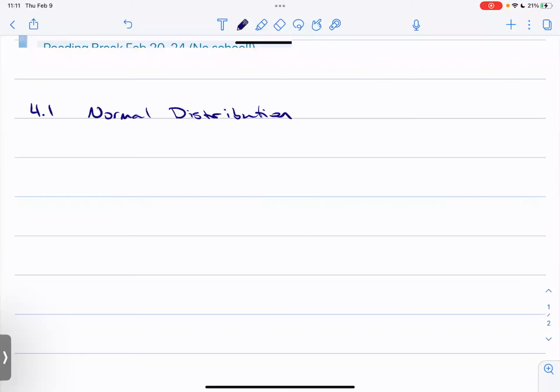So the normal distribution, we've seen the shape before, right? We know the shape of the normal distribution is something like this. It's our first one that we're drawing, so I should make it look good. Hey, that's pretty good.